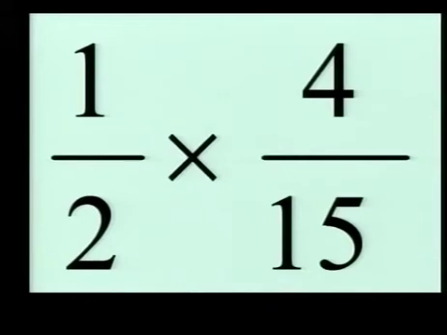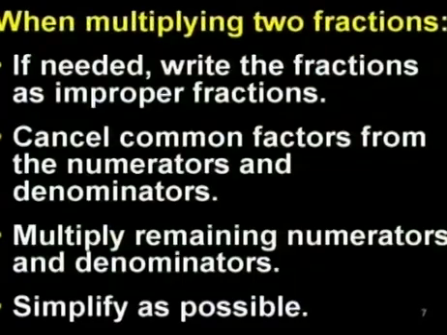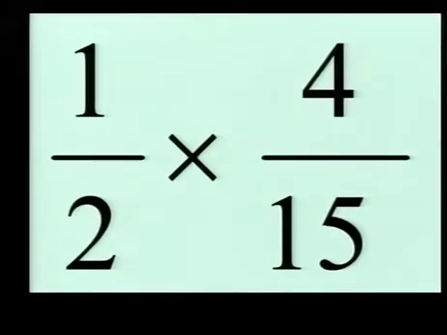You look at the rule when multiplying two fractions: cancel common factors from the numerators and the denominators. So you said cancel 2 and 4. Why? Because 2 and 4 are even numbers.